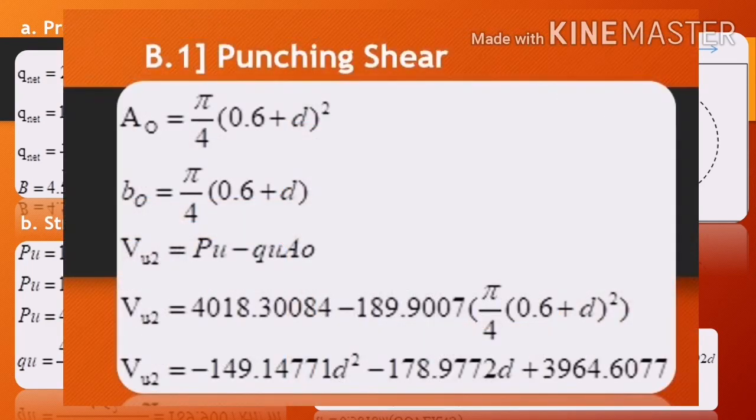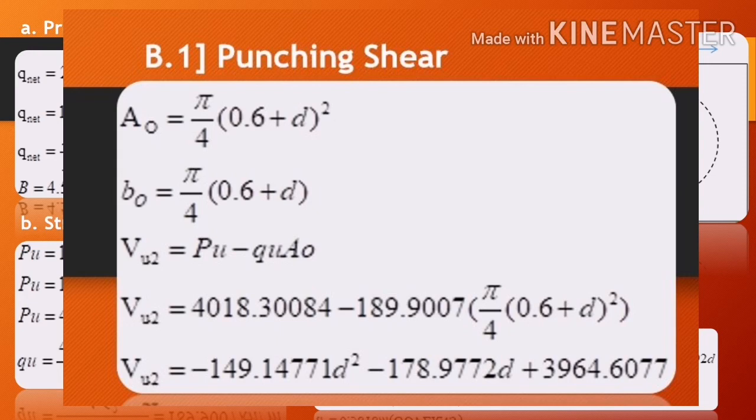So, A sub O is equal to pi over 4 times the quantity 0.6 plus D squared. B sub O is equal to pi over 4 times the quantity 0.6 plus D. So, VU2 is equal to PU minus QU A sub O. So, it is equal to 4,018.30084 minus 189.9007 times the quantity pi over 4 times 0.6 plus D squared.